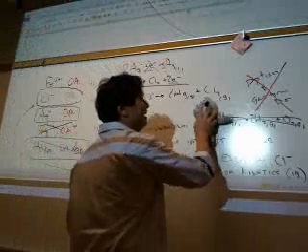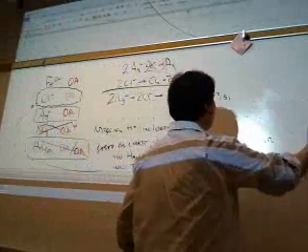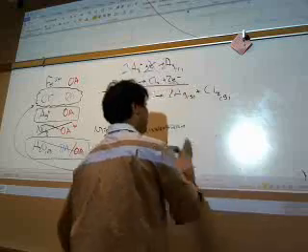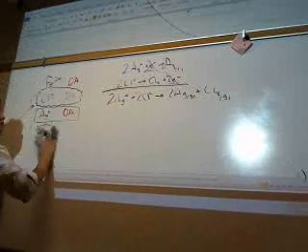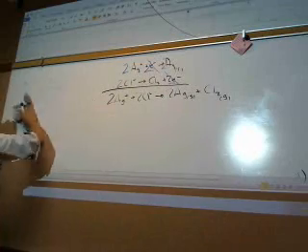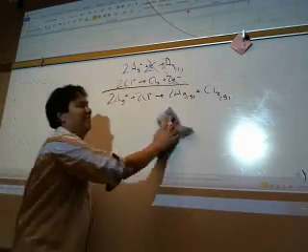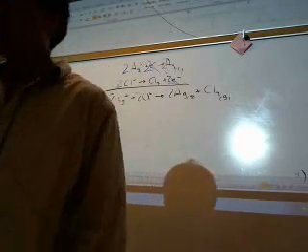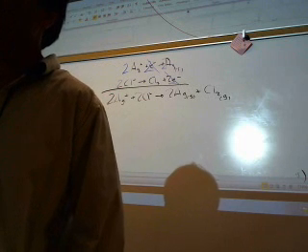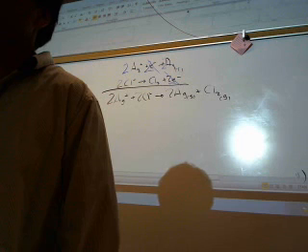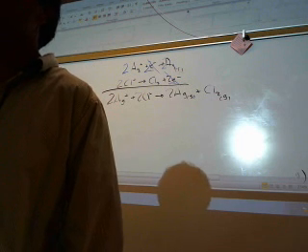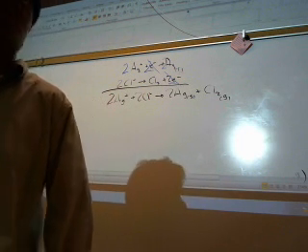So anyway, what is the driving force for redox? What did we want to go from stronger to weaker oxidizing agent, and stronger reducing agent to weaker reducing agent.